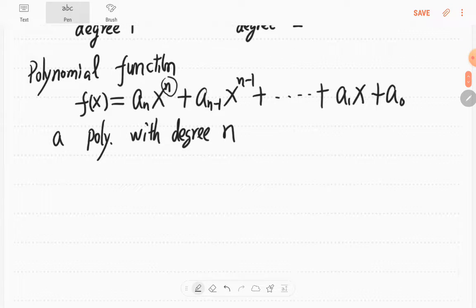So here, a0, a1, a2 to an, these are called coefficients.